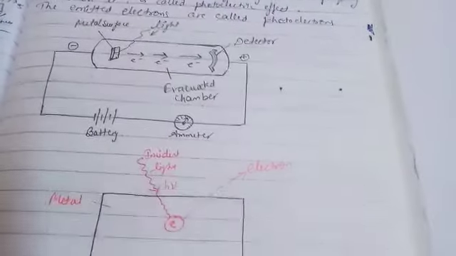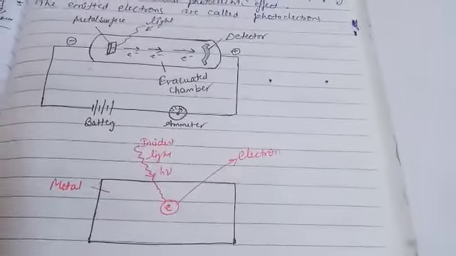So simple: frequency is related to color and intensity is related to brightness.